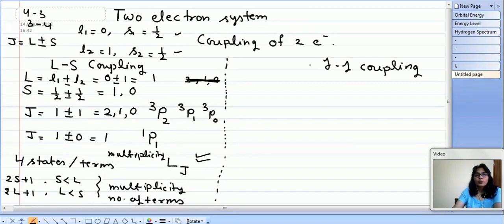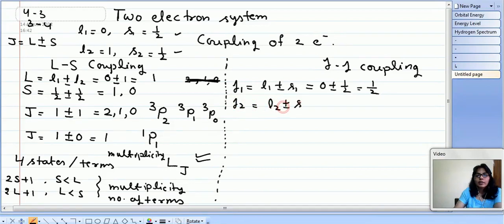Now go for JJ coupling using the same example. First we will calculate J1, which is L1 plus minus S1. L1 plus minus S1 means 0 plus minus half, which will be half plus 0 means half, half minus 0 means half, so only half. Then calculate J2, which is L2 plus minus S2.